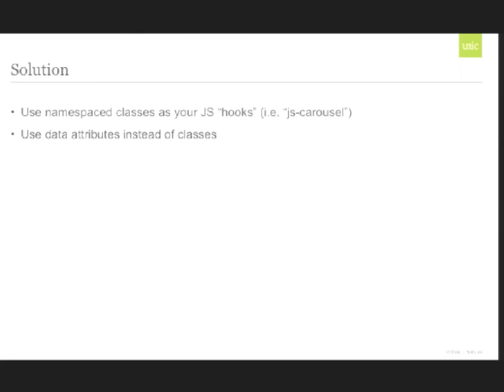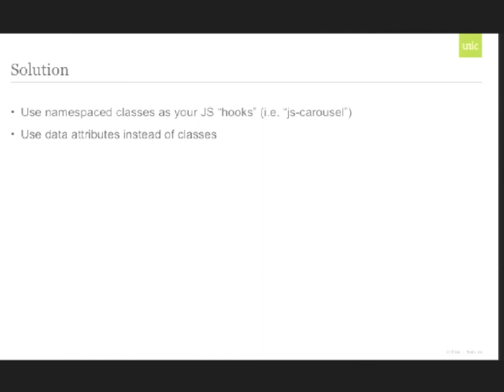The solution is actually, well, there are several, of course. One of them is using additional namespace classes for your JS hooks. So, for example, with a JS prefix, this class might not be used in the CSS, just as a hook to initialize this carousel.